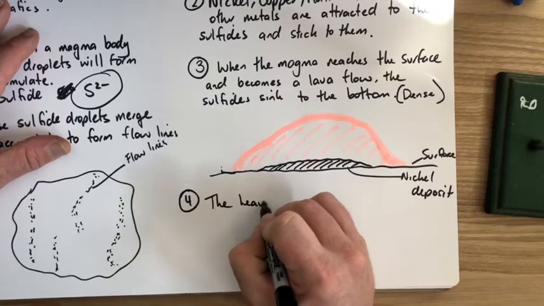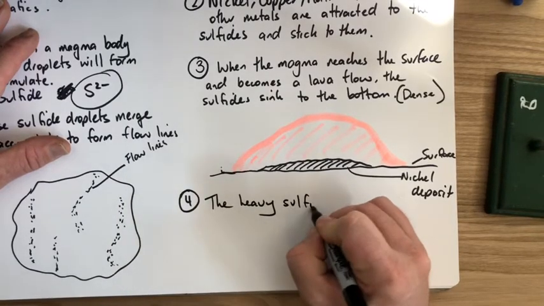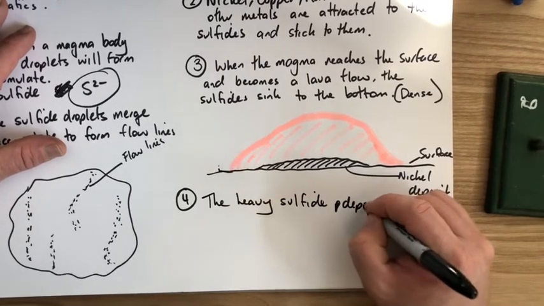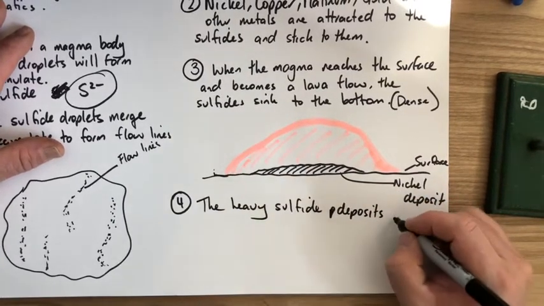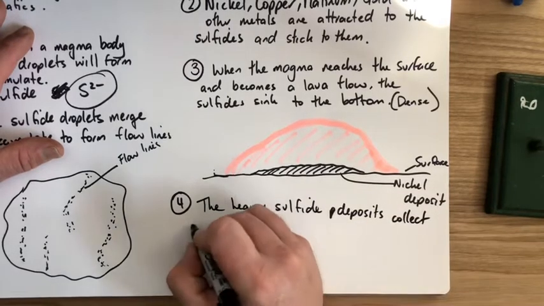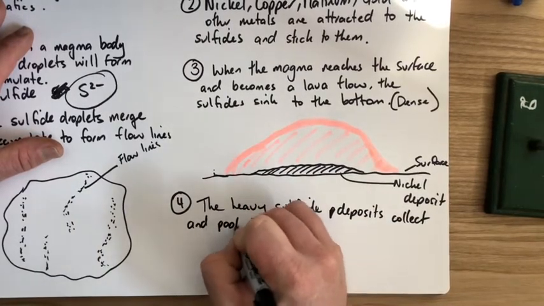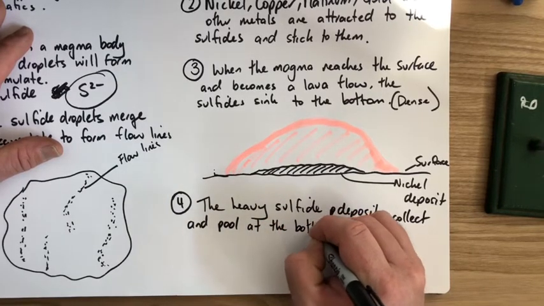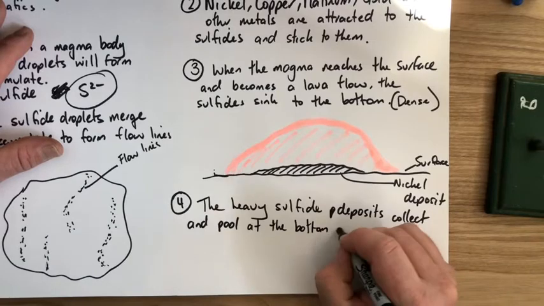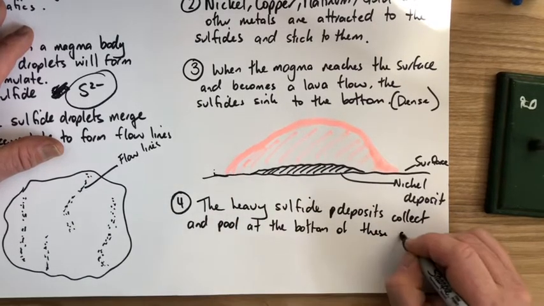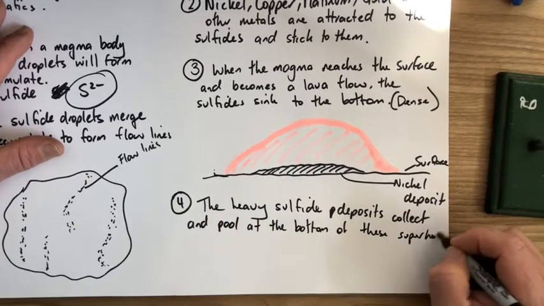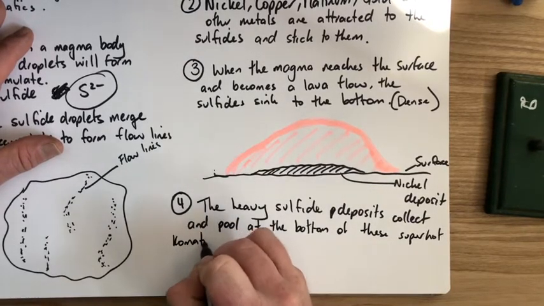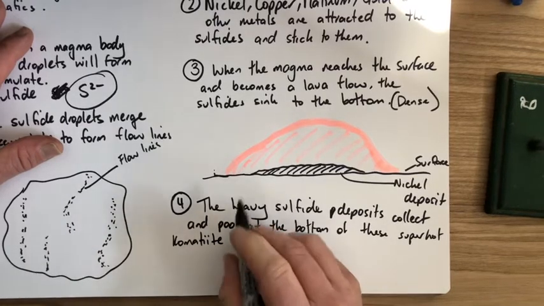Step 4, the heavy sulfide deposits collect and pool at the bottom of these super hot komatiite lava flows.